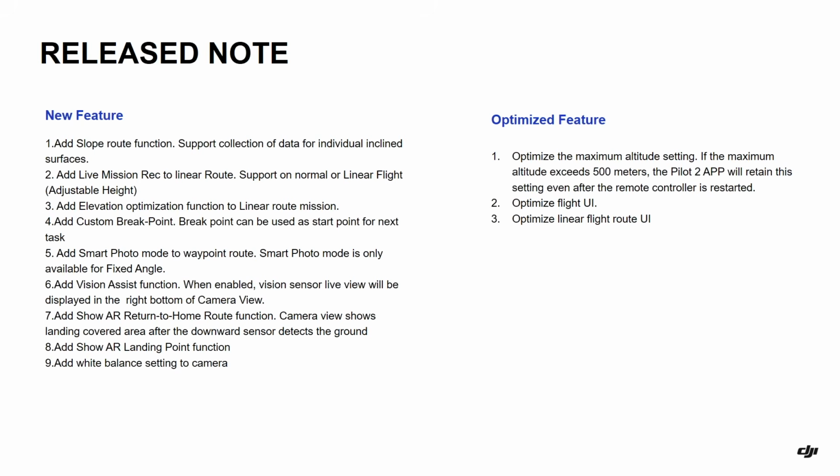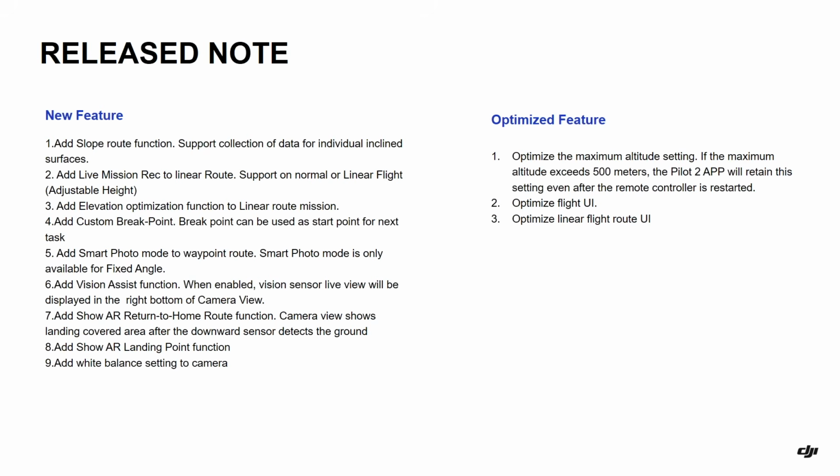Linear route and dropping a live mission is very much for safety and is going to automate some flight inspections that are very tricky to do. Elevation optimization function for linear route as well. It's kind of like a normal mapping mission. Adding a custom breakpoint so we can get around obstacles during a mapping mission, making that a lot easier rather than having to edit the polygon or start over.